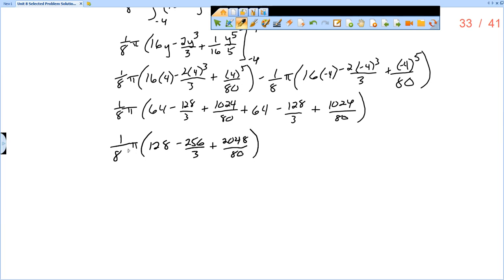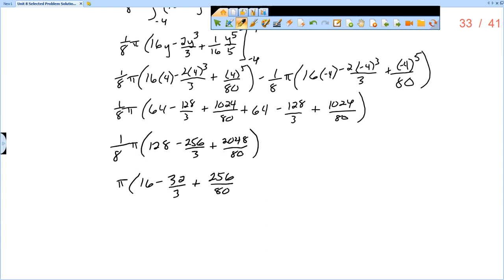Now I'm going to simplify a little bit. They're all divisible by 8. 128 divided by 8 gives me 16, I'm leaving the pi out there. 256 divided by 8 is 32 thirds, and 2048 divided by 8 is 256 eightieths.